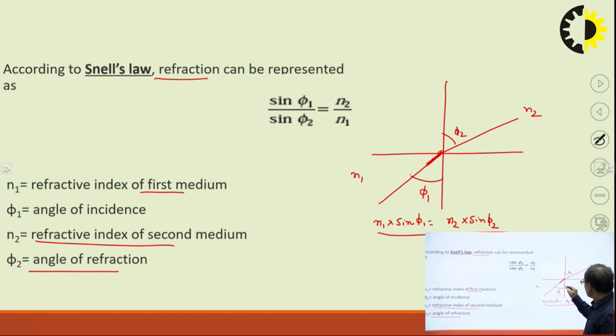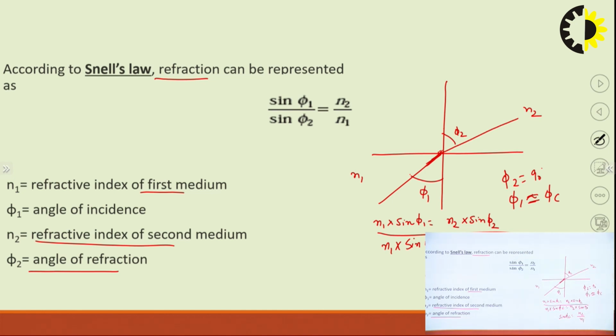Now when this phi 2 becomes equal to 90 degrees, then phi 1 will become equal to phi c. So you can say that n1 into sin phi c is equal to n2 into sin 90 degrees. It means that sin phi c is equal to n2 by n1.